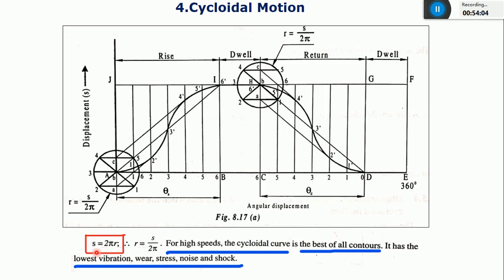It means the displacement or the stroke length of the follower, that is S, is equal to the circumference of this circle. It means S is equal to 2 pi r. When you consider this criteria and using the circle method, you are going to plot this diagram.